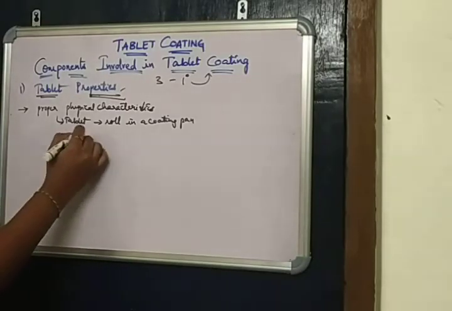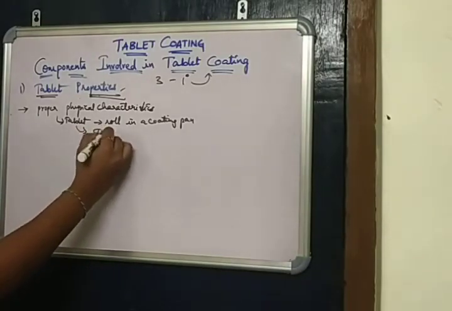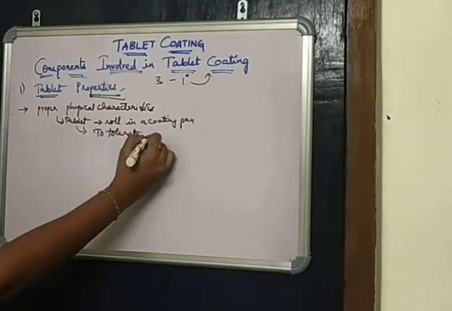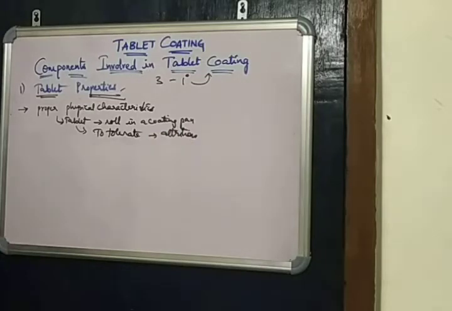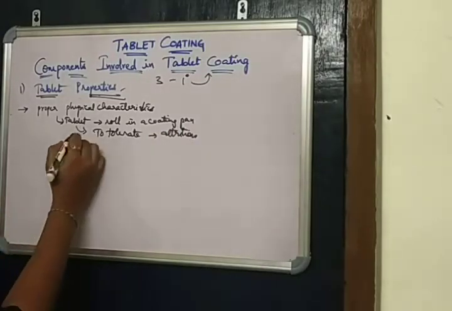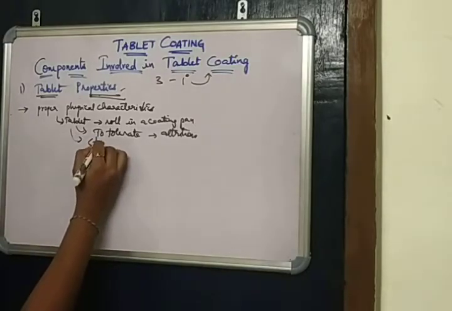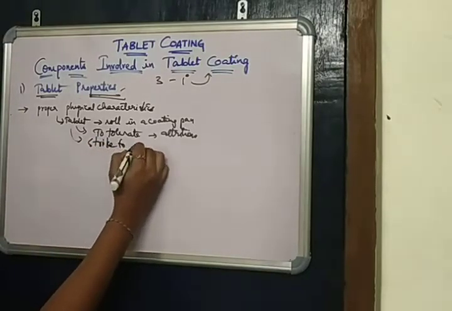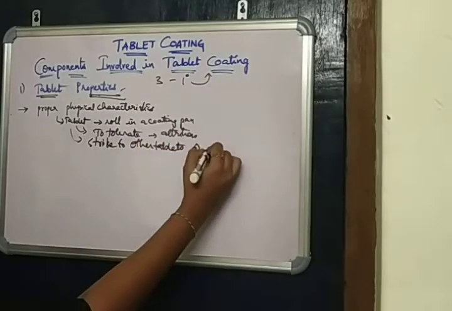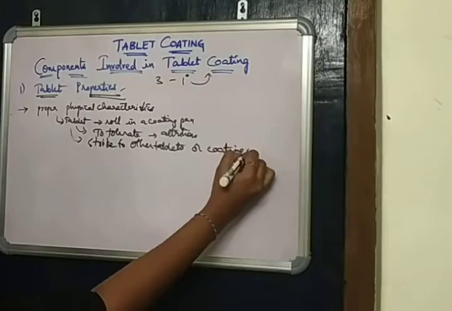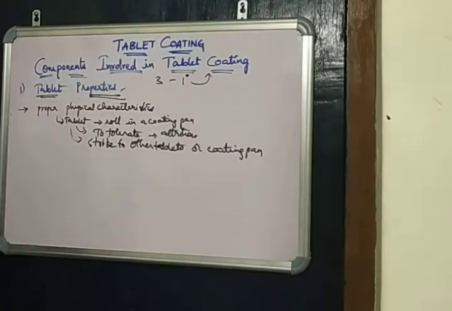To tolerate this attrition, during the coating process, one tablet will strike other tablets or the walls of the coating pan.